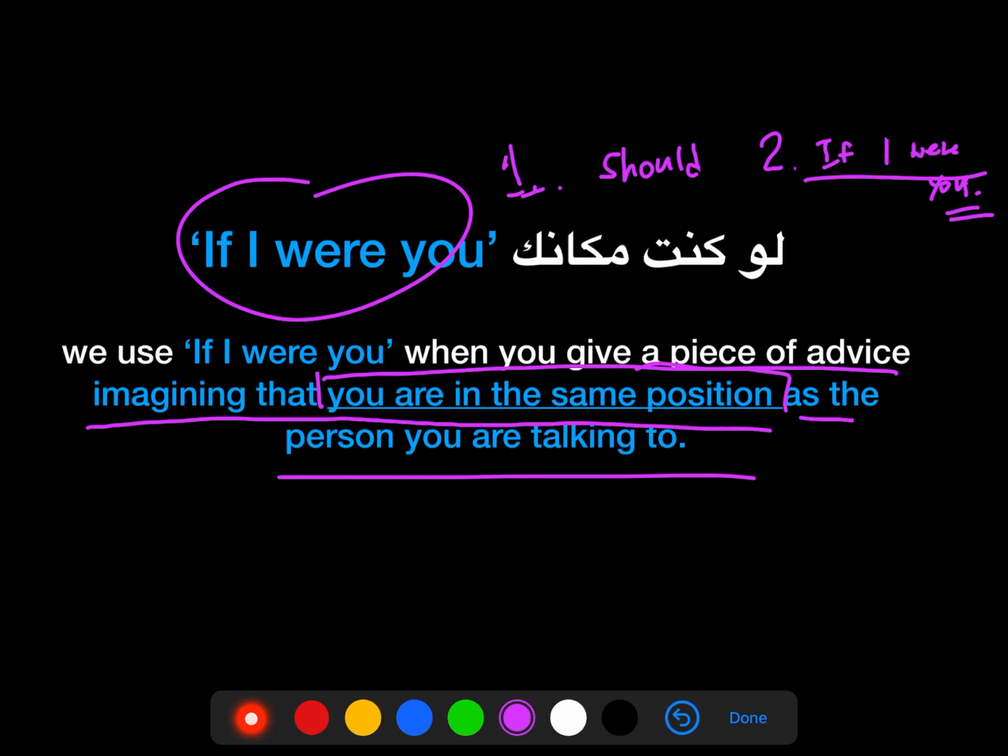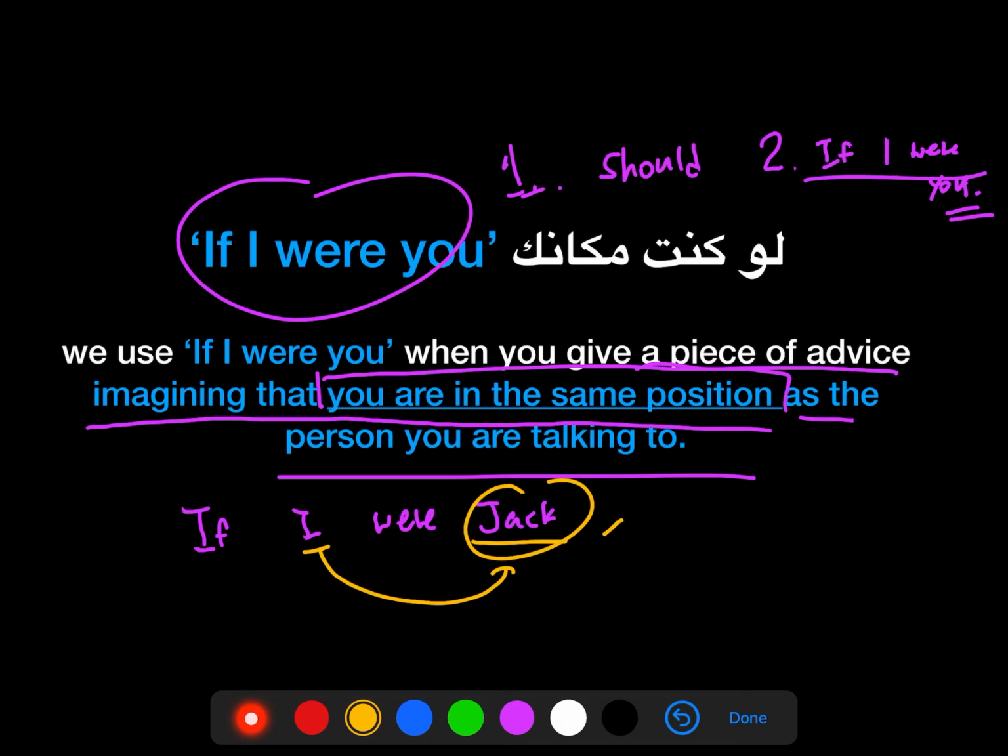So, if I were Jack, you're imagining that you're in the same position as Jack. So as you are in the same position as Jack, you're giving the best advice for Jack. If I were Jack, I would eat some food like this.